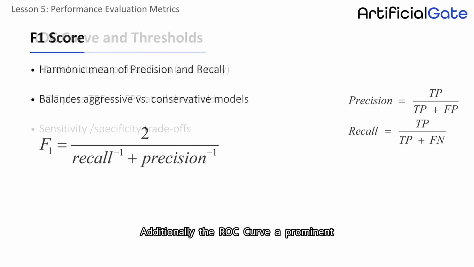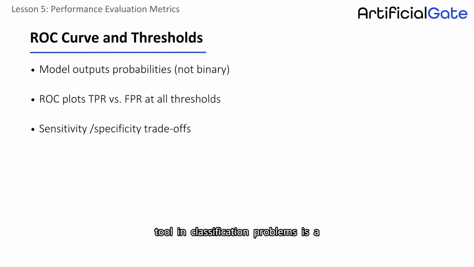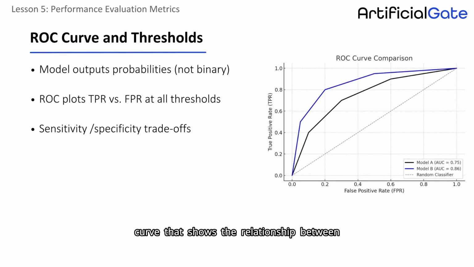Additionally, the ROC curve, a prominent tool in classification problems, is a curve that shows the relationship between the true positive rate and the false positive rate across all possible thresholds. What is the threshold? When the model gives a probability, say 0.92 for a disease, we need to decide from which value we determine that there is a disease.